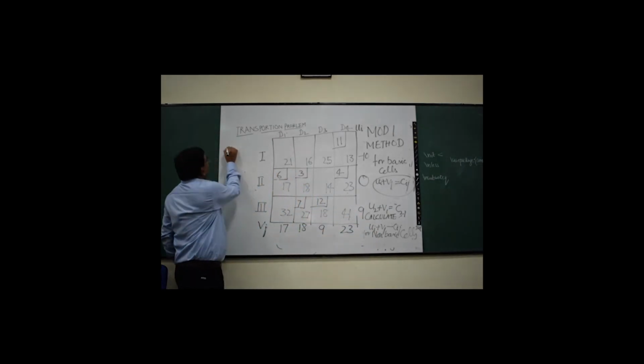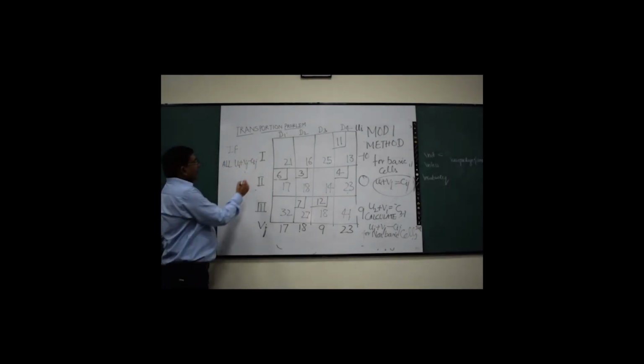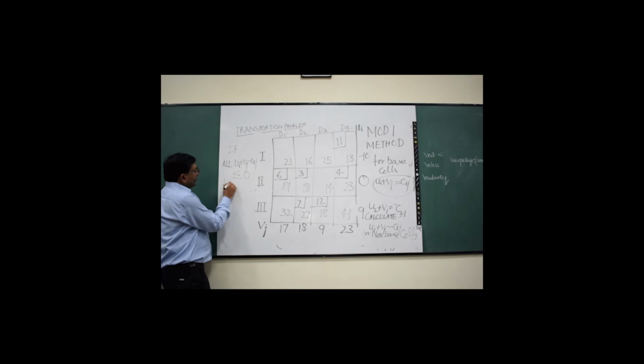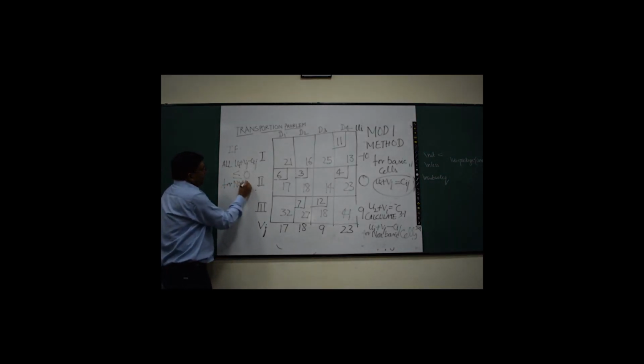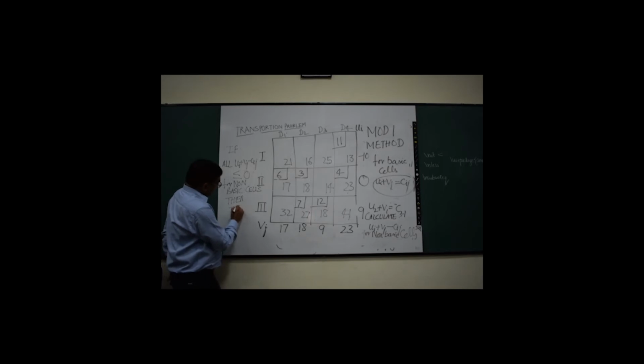If all ui plus vj minus cij are less than or equal to 0 for non-basic cells, then the initial basic feasible solution is optimal.